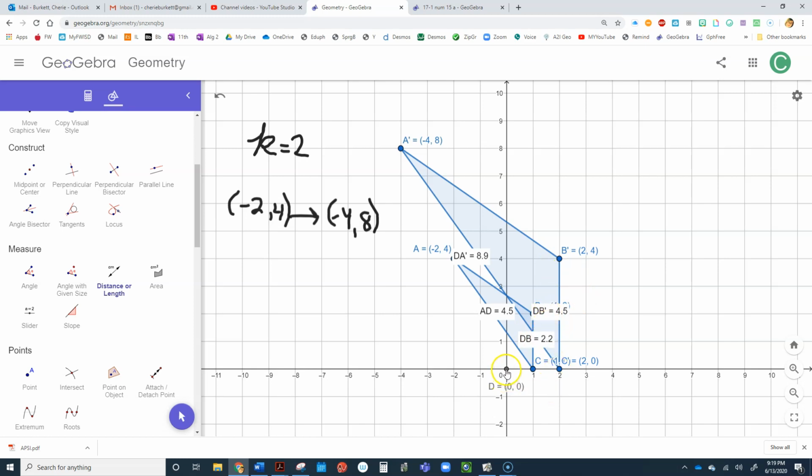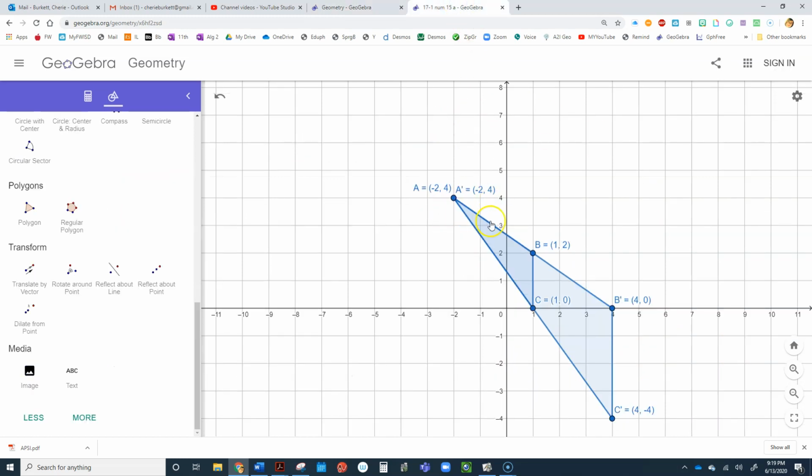And this one right here is going to be exact. The distance from the center of dilation to point C is exactly 1, and the center of dilation to C prime is exactly 2. So that's what you're doing, you're doubling the distance from the center of dilation to that.